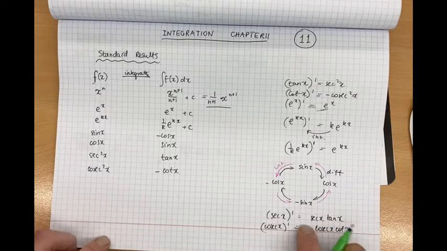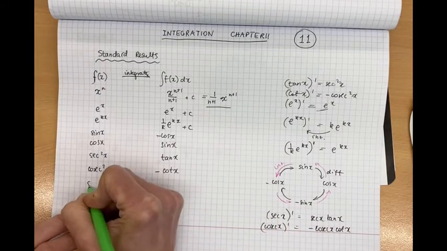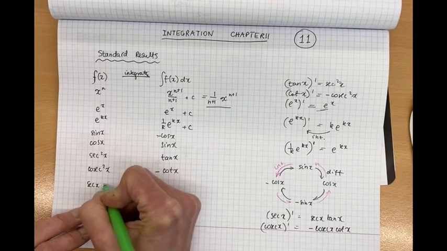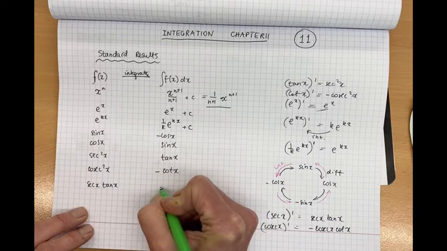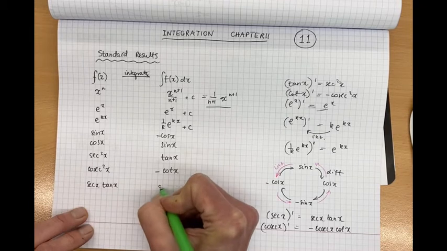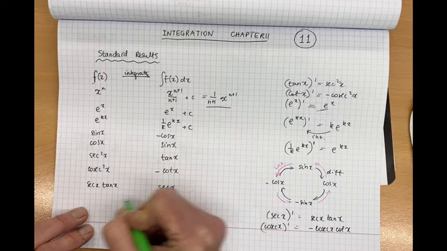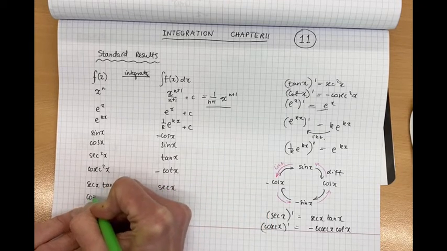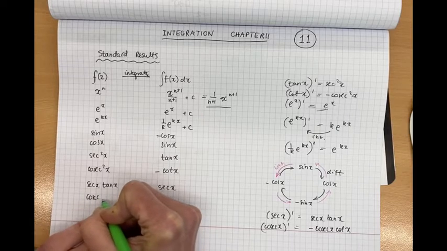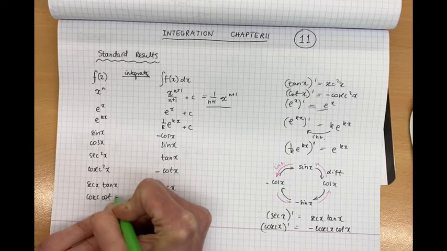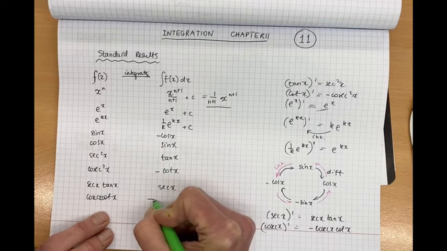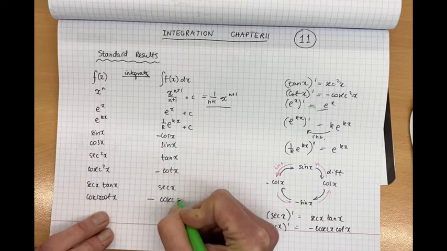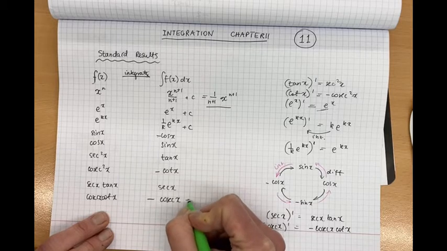So then if you reverse it, you will get sec x tan x being one of the standard results. That will go to sec x, and then cosec x cot x will go to minus cosec x. All of these plus c.